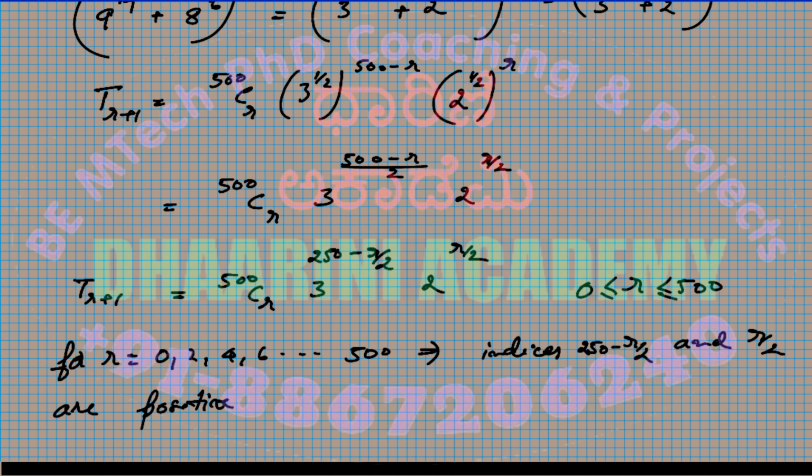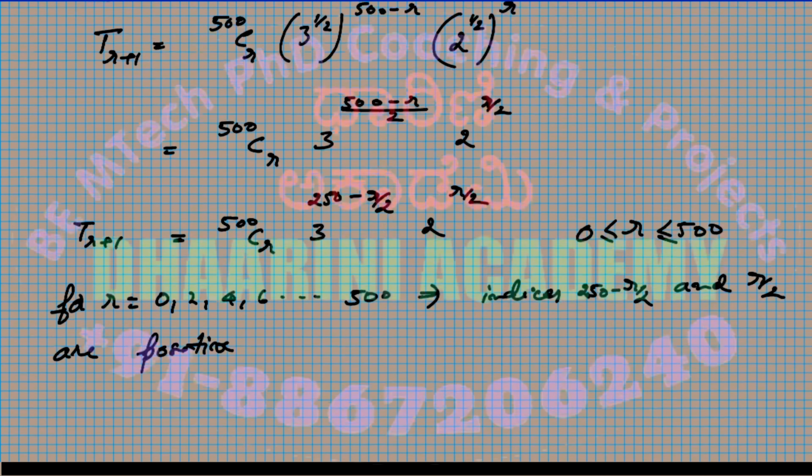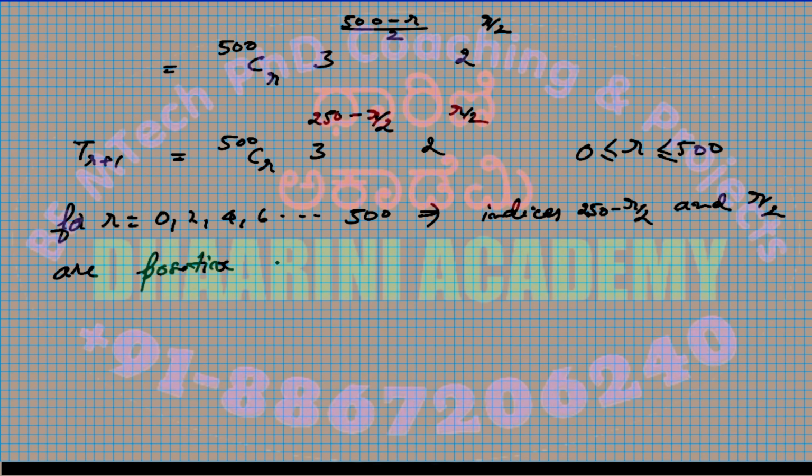Okay, so when they are positive, what is the total number of integers you are going to have out of 501 terms? Take out the odd numbers.